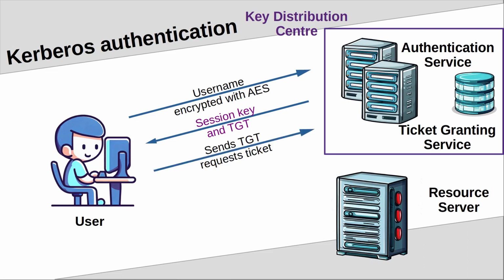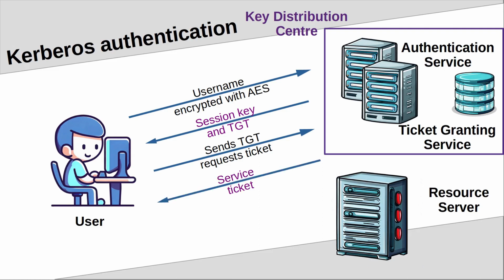The user sends the TGT to the Key Distribution Center with a request for the resources needed. The KDC, Key Distribution Center, verifies that the TGT is valid and checks its access control matrix to verify that the user has sufficient privileges to access the requested resources.